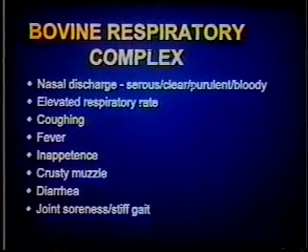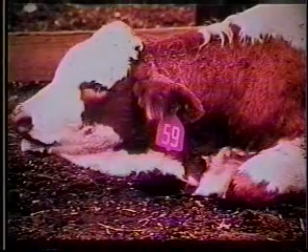resulting following the movement of animals, the stress of animals that may be going into feedlots, etc. Characteristically then a fever, a coughing, and the respiratory complex, which, as I suggested earlier, may be the result of multiple causations.